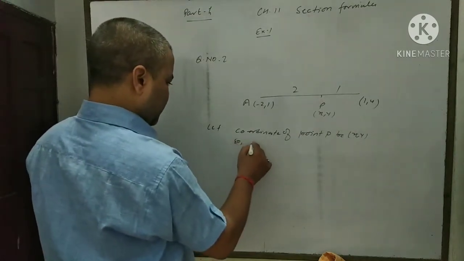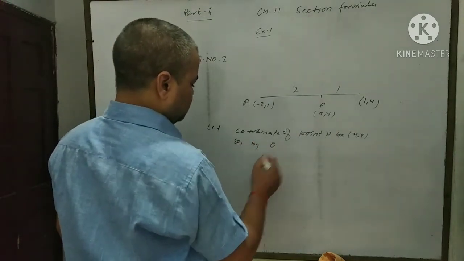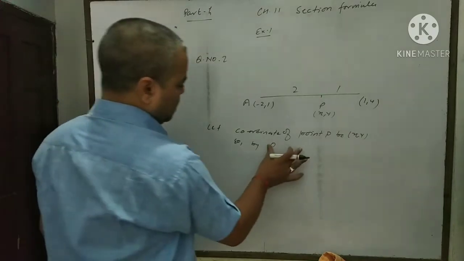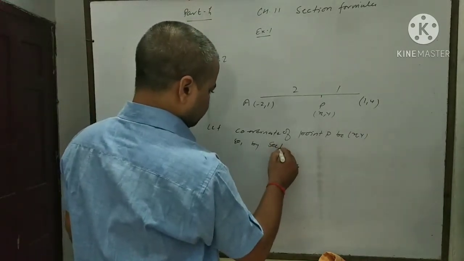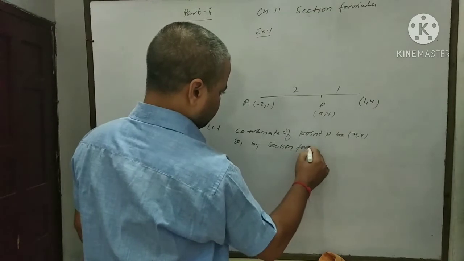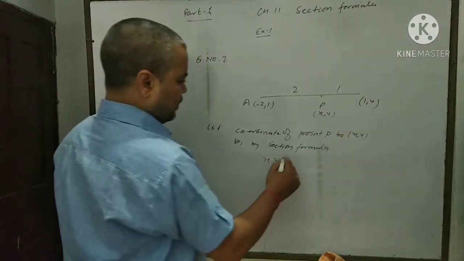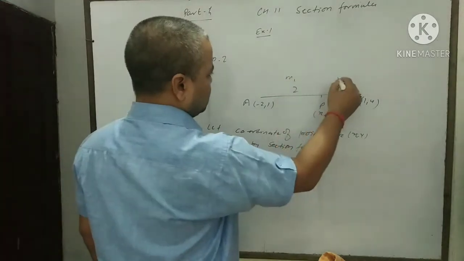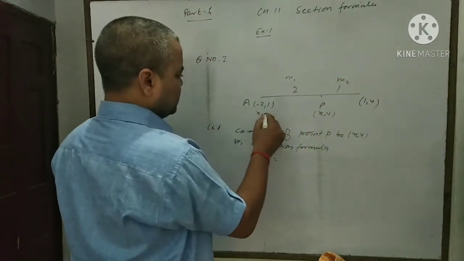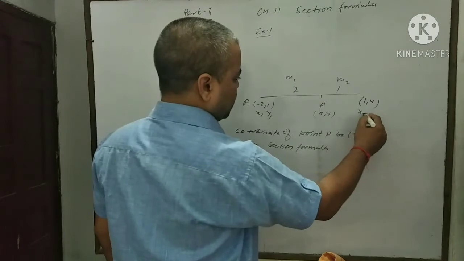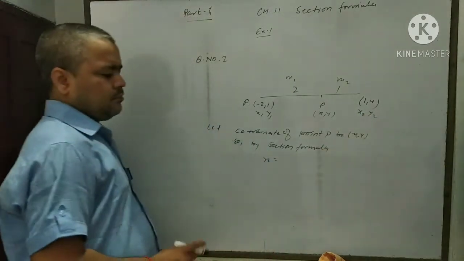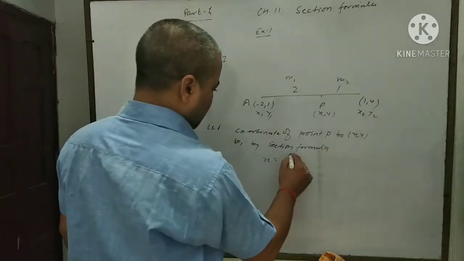So by section formula, x is equal to m1 x2 plus m2 x1 upon m1 plus m2. Let this be m1, this be m2, here this is x1, y1 and this is x2, y2.